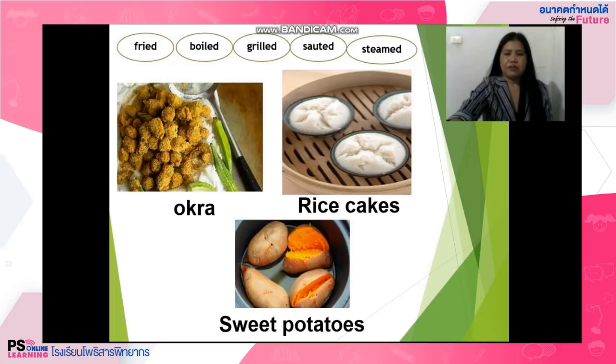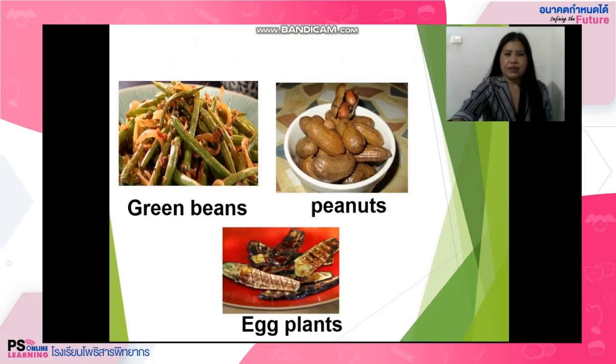Okay, next batch. Another 3. So we have green beans. Green beans are vegetables. Look at how they're cooked. And then we have peanuts. And then we have eggplants. They are the long eggplants, Japanese eggplants.